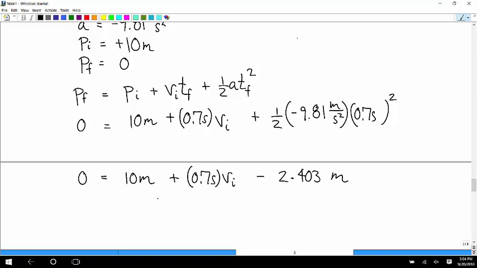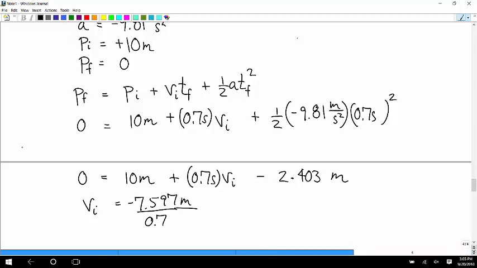And so you get VI is equal to 7.597 negative divided by 0.7 meters per second.